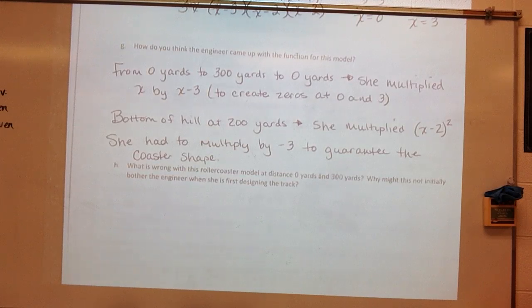What is wrong with this roller coaster model at distance 0 yards and 300 yards? Why might this not initially bother the engineer when she is first designing the track? If you look at this, the model appears to, let me get this back up on here.